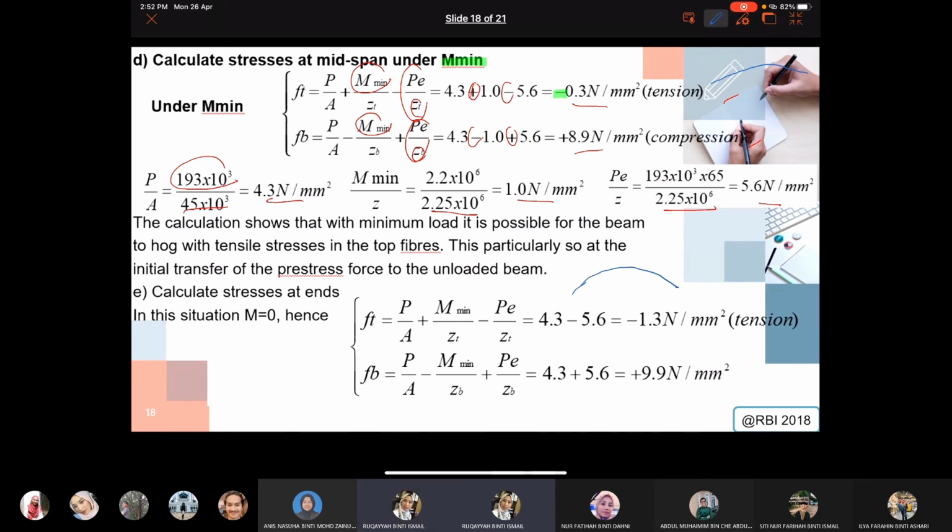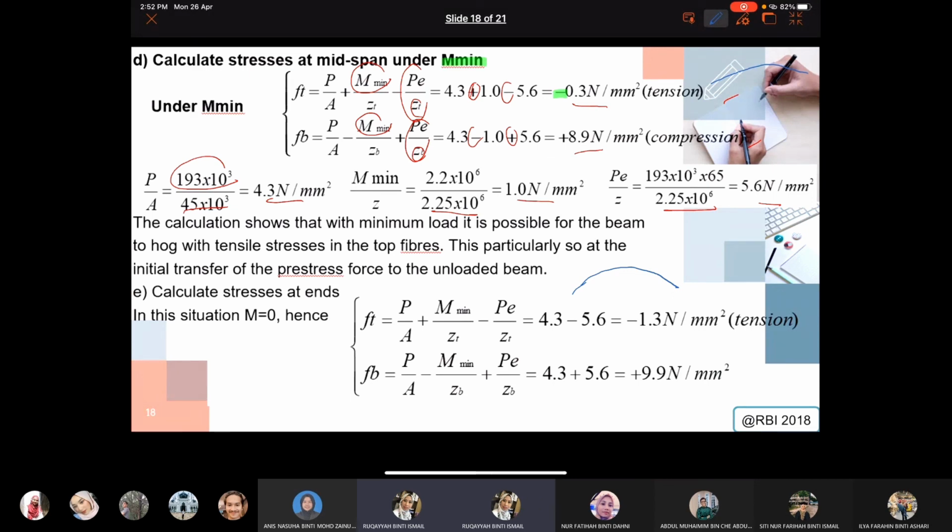You pull the tendon, apply force to it, then the beam will concave, will hog. All right, so then we will say that the critical condition for the top of the beam will be tension and the bottom part will be compression. Okay, and this is particularly so at the initial transfer of prestressed force to the unloaded beam.